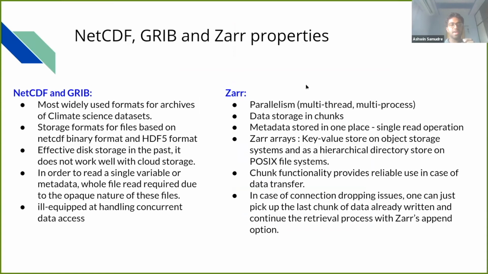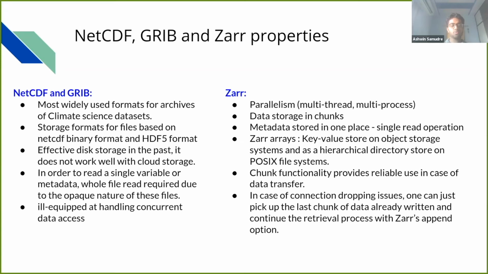That's why I have tried to compare what we have with NetCDF and GRIB and what we can get with Zarr. NetCDF and GRIB are the most widely used formats for the archives of climate science datasets. The storage formats for these files are based on the NetCDF binary format and HDF5 format.